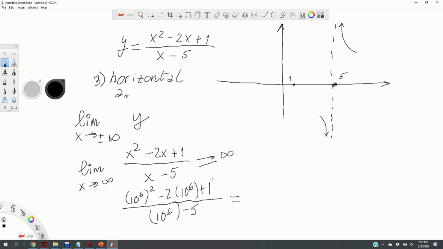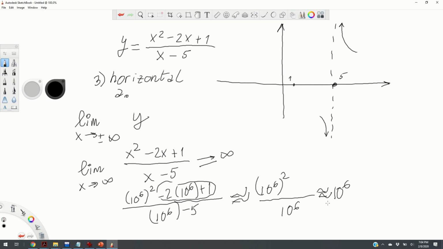The denominator will approximately be equal to 10 to the power 6. And the numerator will approximately be equal to 10 to the power 6 squared. Why? Because 10 to the power 6 squared, this term, is much larger than the two other terms. So the function will approximately be equal to 10 to the power 6.